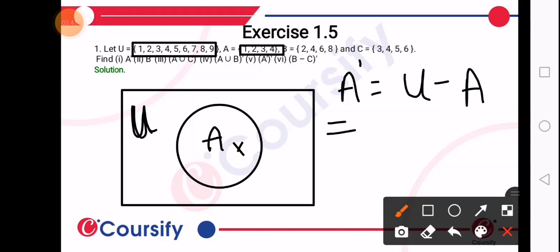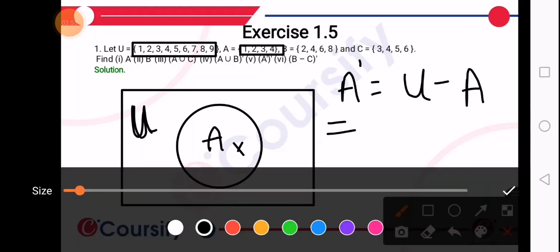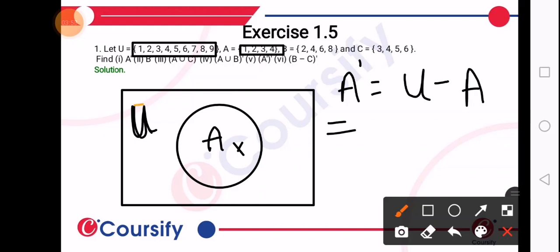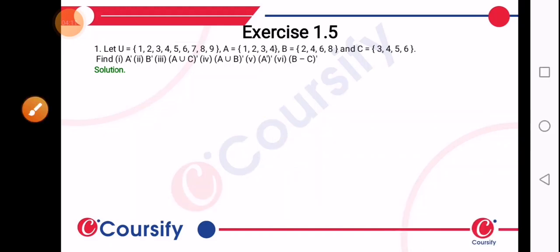Through the Venn diagram, we can see that the whole rectangular box except the part of A, which I've shaded with yellow color, is the A complement, which means it is the whole universal set except set A. So now let's understand how to solve these questions.